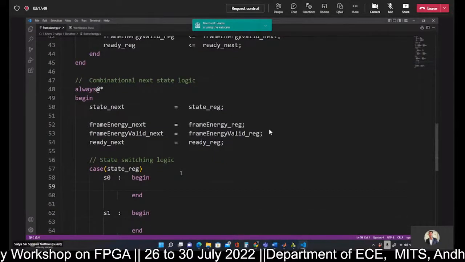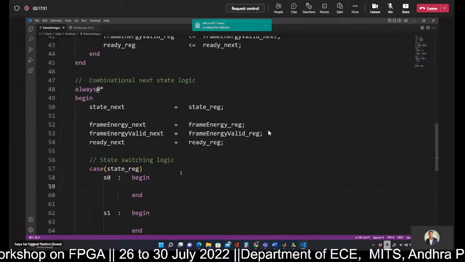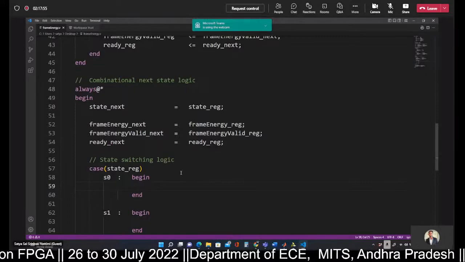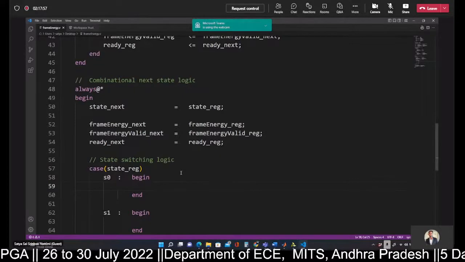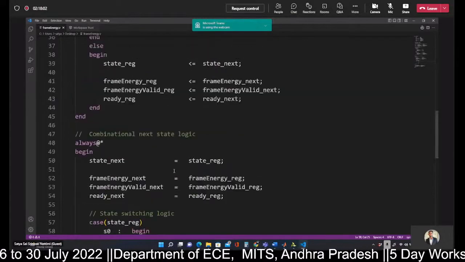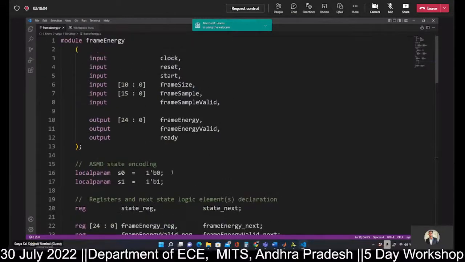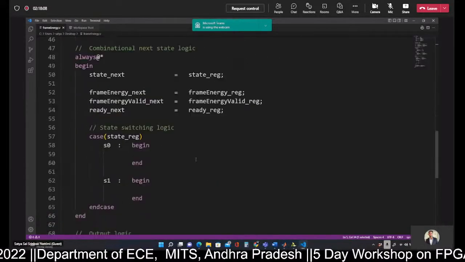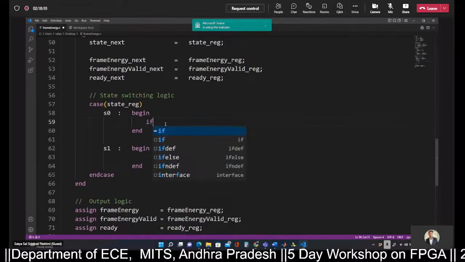So I told you earlier, ideally the FSM should remain in the S0 state, and it should switch to the S1 state when the start signal is logic high. So that's why we are monitoring the start signal.